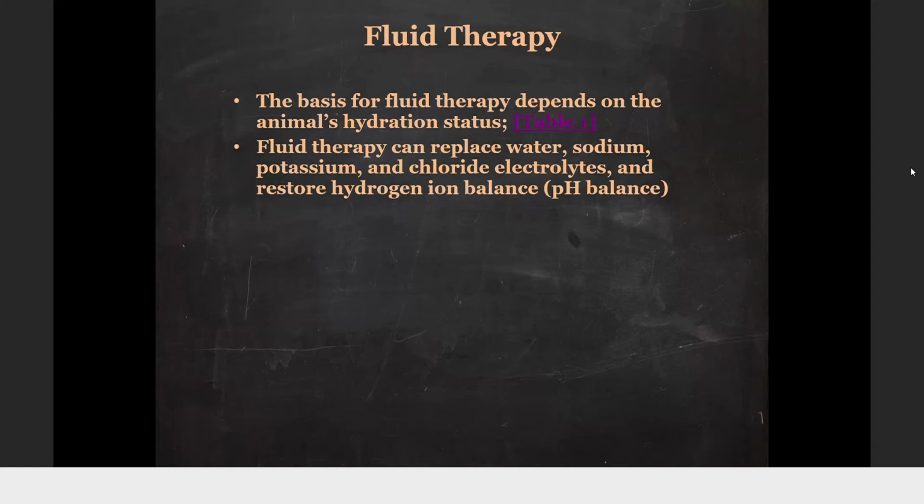In animals, to check for dry mucous membranes, you can look at the conjunctiva, the gums, and for females, you can check the vulva. If the vulva is dry, you can estimate the hydration status. If it's around 4 to 7% dehydration, you start to see some changes.